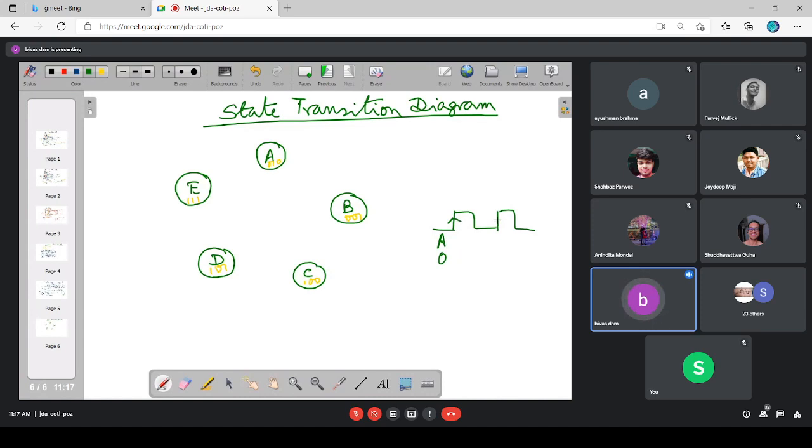When this rising edge comes, my inference is this present 0 is not part of the sequence. So when you arrive at this particular time tick, what should be your past history? Were you having any bit of the sequence? I was not having any bit of the sequence. So my new state should be A once again.